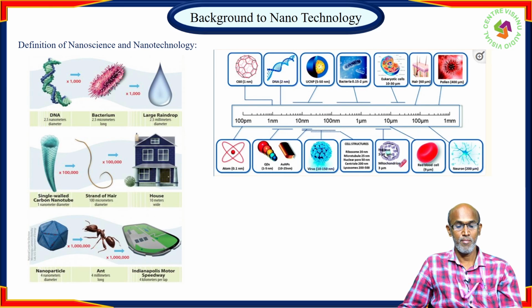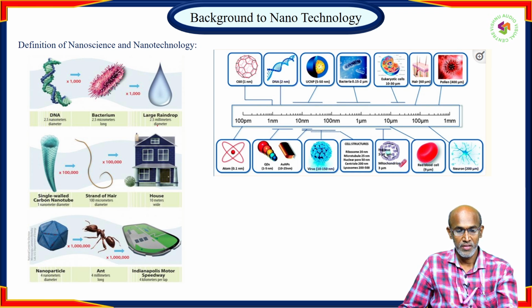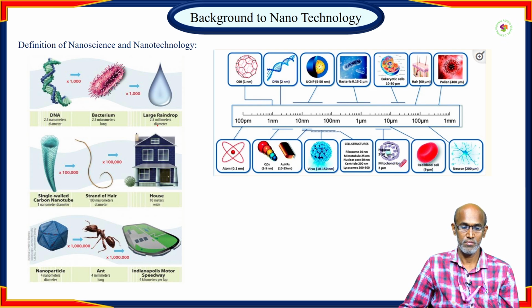In these diagrams, we can analyze how nanomaterials are different from the materials that we see with our naked eye. For example, a large raindrop is around 1,000 times bigger than a bacterium, which is in turn 1,000 times bigger than DNA.